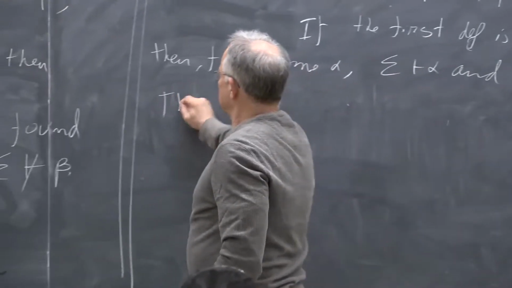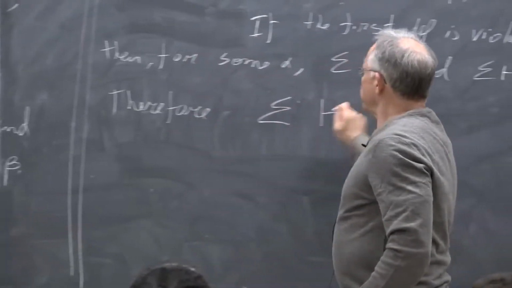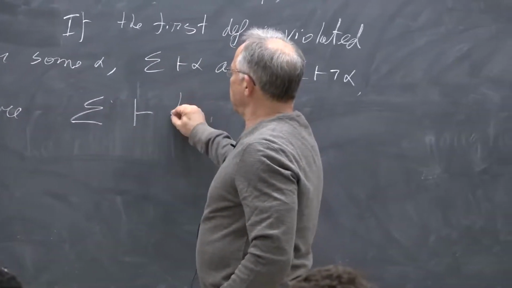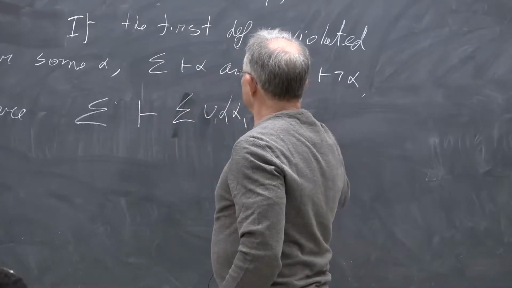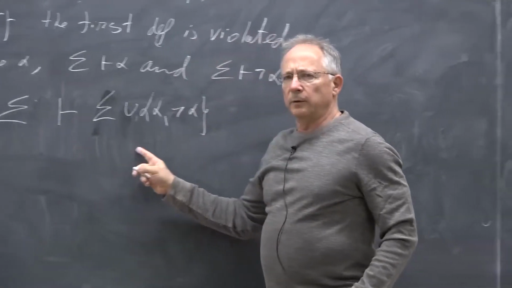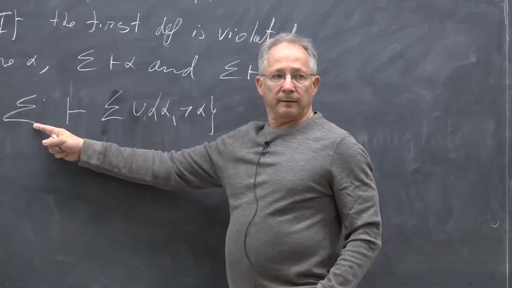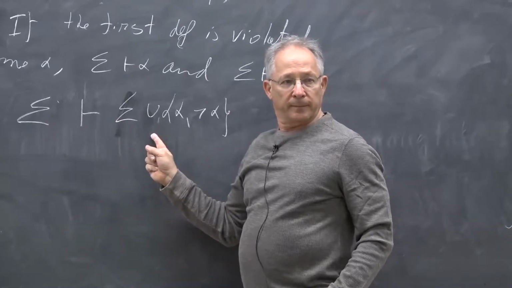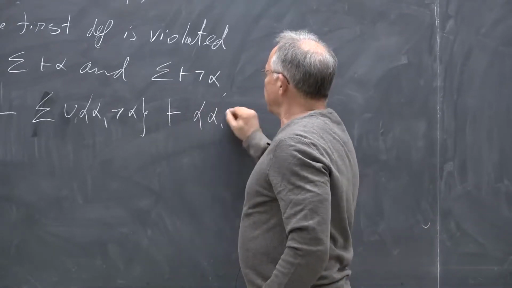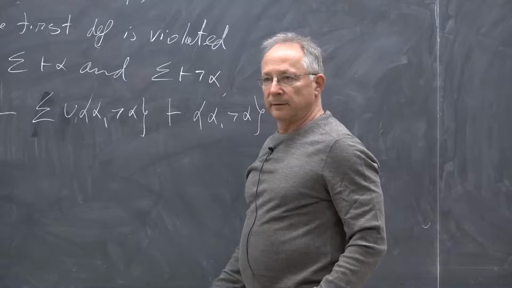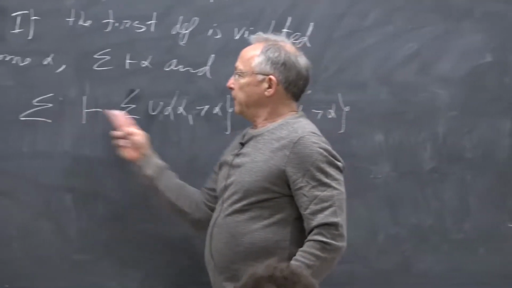Therefore, sigma is provably stronger than sigma union alpha and not alpha. I think we already used this notation. This means that this set can prove anything in this set, which in particular is stronger than the set containing alpha and not alpha. Right? So sigma definitely can prove everything in sigma.